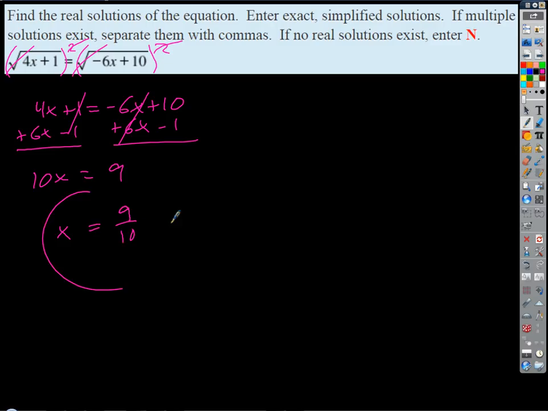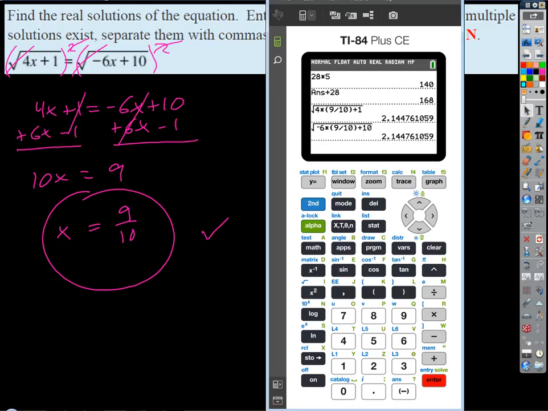Okay, good. I want to check that, but that's kind of hard to check, right? All I've got to do then is put it in a calculator, see if the decimals match up, right? If I'm plugging in 9/10, I'd get the square root of 4 times x is 9/10. Anytime you put a fraction into a calculator, just put it in parentheses and you can't make a mistake. So I've got 4 times, in parentheses, 9/10 plus 1, all under a square root.